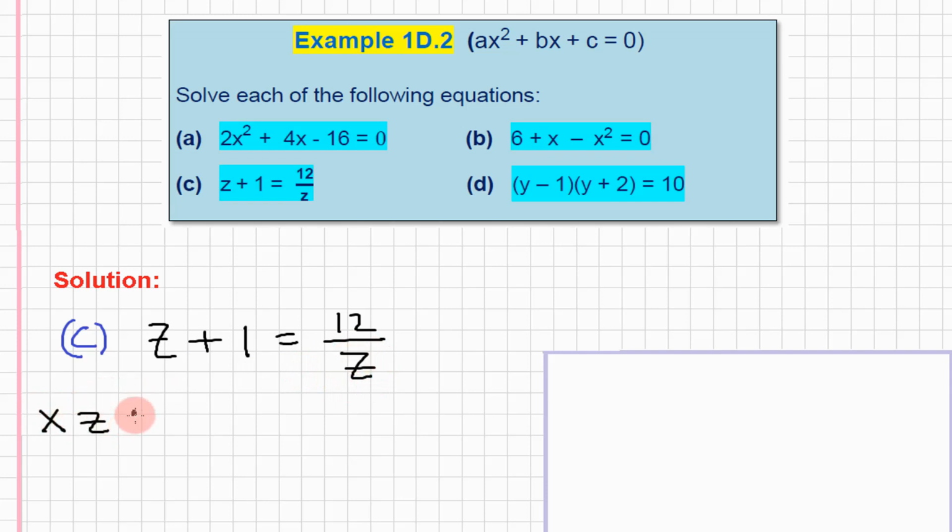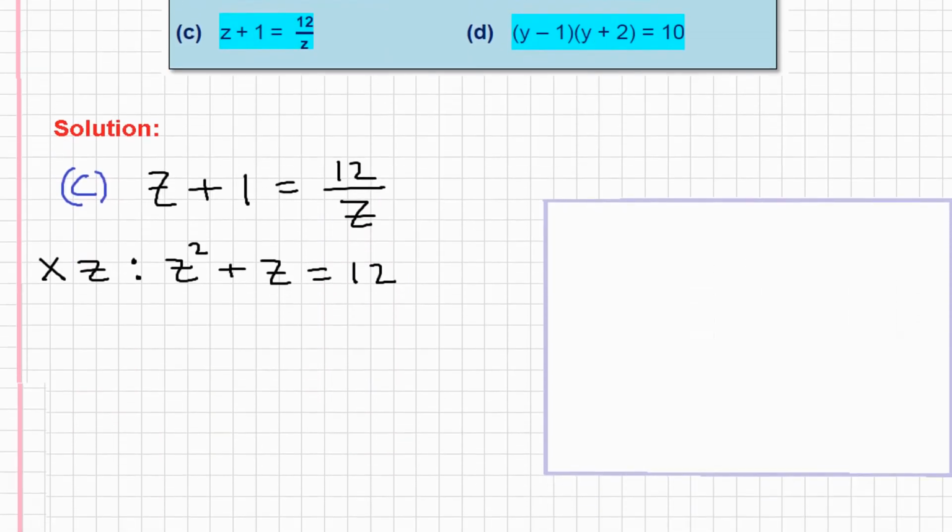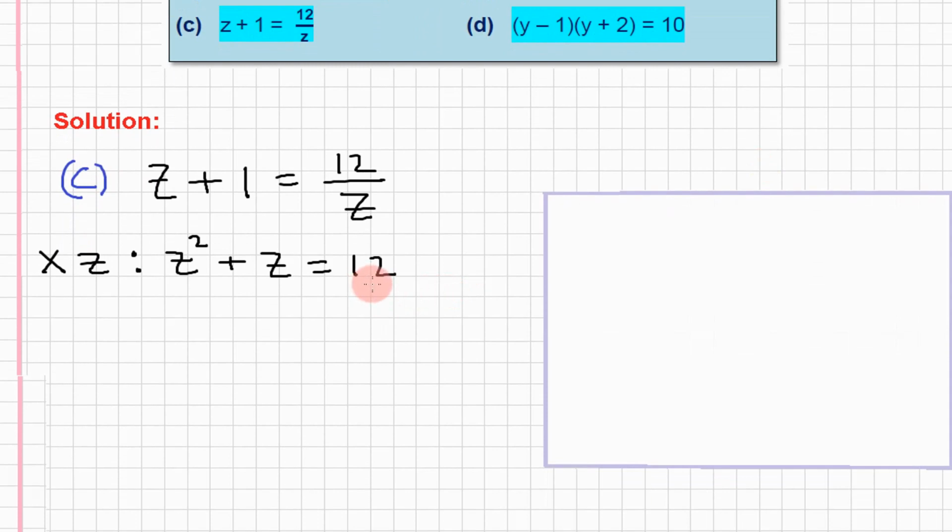So multiplying through by z, z times z is z squared. Z times 1 is z. Then on the right hand side, when we multiply 12 over z by z, the z's will cancel and we are left with 12. The equation is not yet in standard quadratic form. We can rewrite it in standard form by bringing the 12 to the left-hand side.